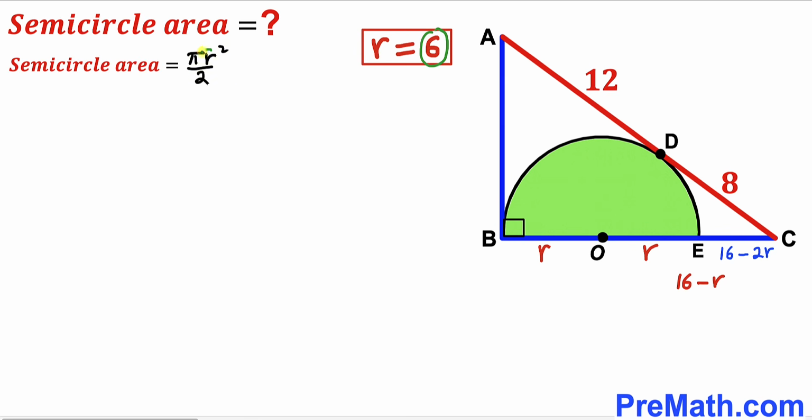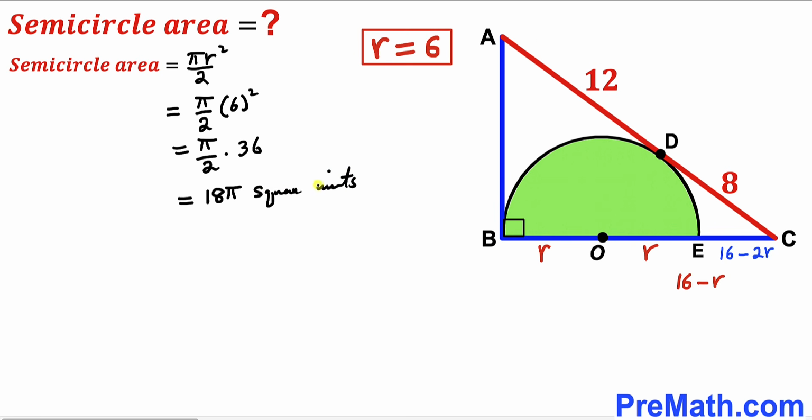I'm going to substitute that value 6 over here. So we can write pi divided by 2 times 6 square, which is pi divided by 2 times 36. If we simplify, that gives us 18 times pi square units.